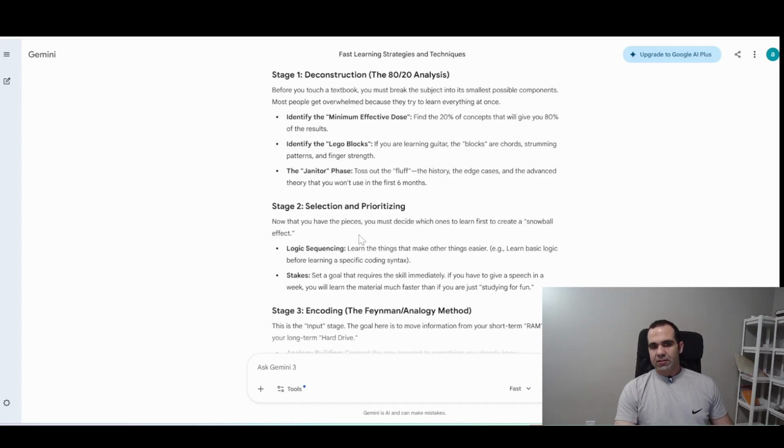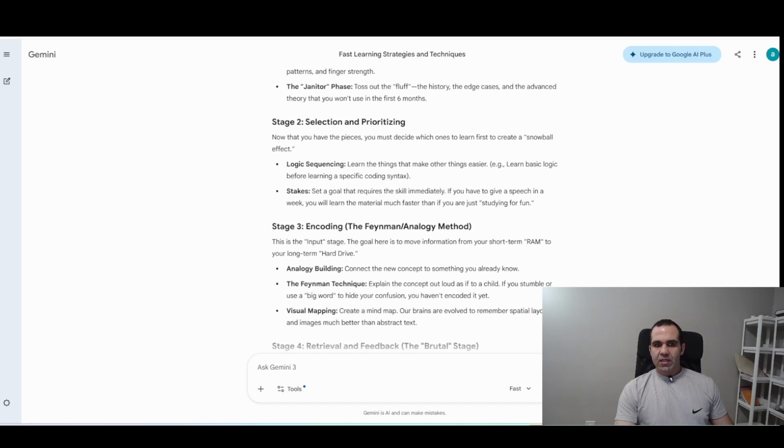Logic sequencing: learn the things that make other things easier. Learn basic logic before learning a specific coding syntax. Stakes: set a goal that requires the skill immediately. If you have to give a speech in a week, you will learn the material much faster than if you are just studying for fun.